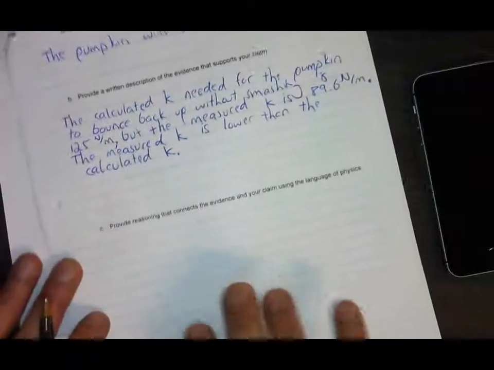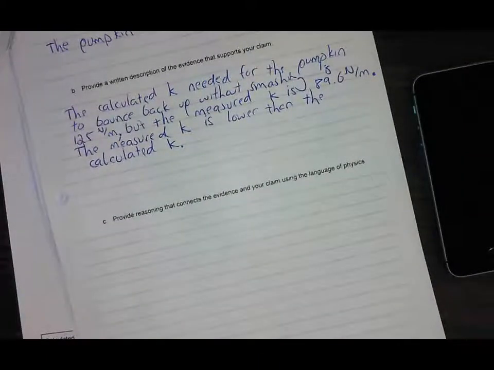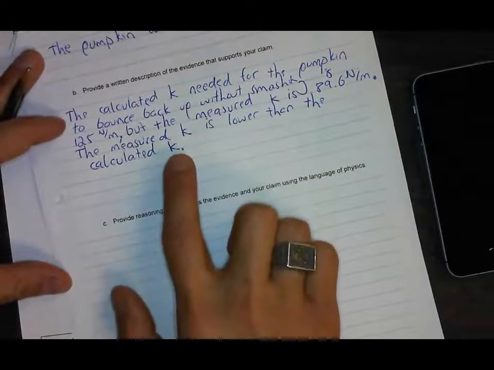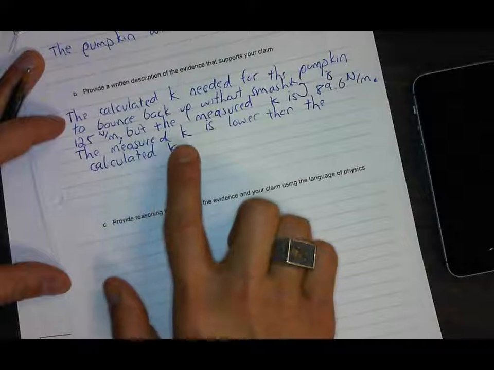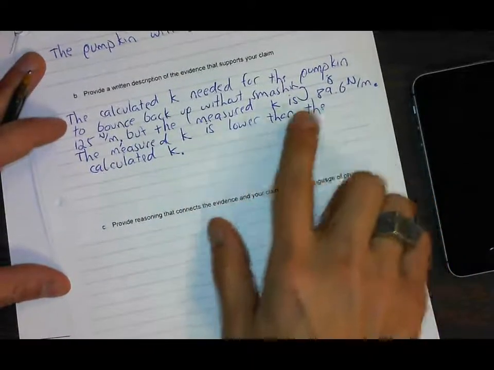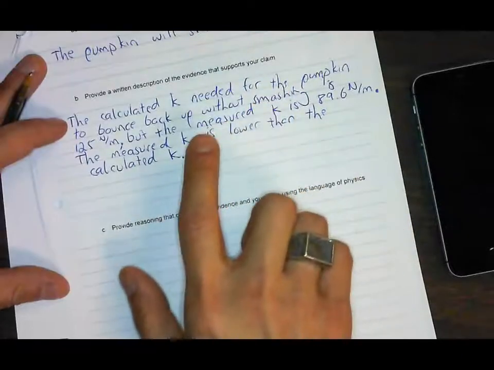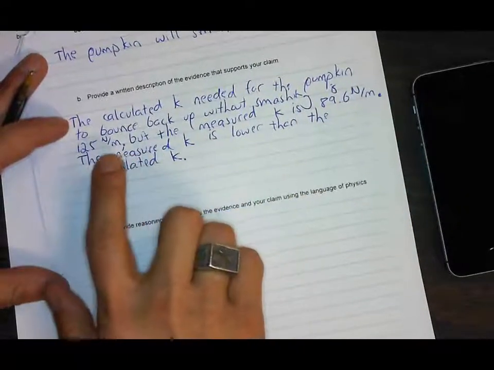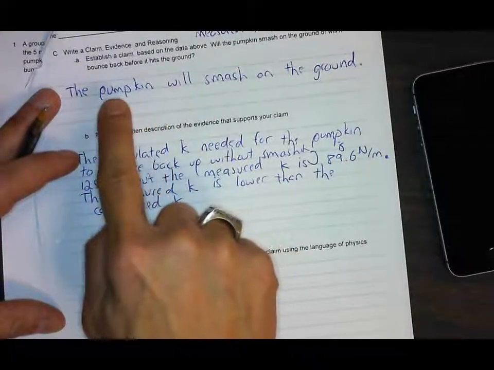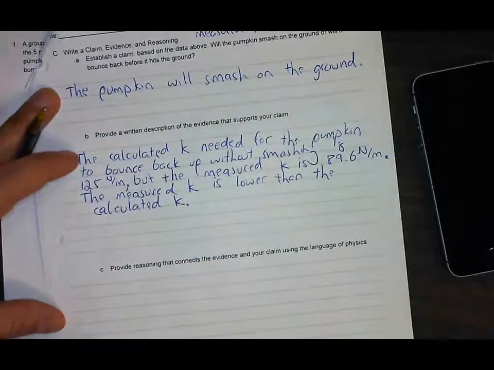Okay. Now I'm jumping into the reasoning part. So here I'm going to explain how the measured K, 89.6, being lower than the 125 I needed here leads me to the conclusion, or the claim, that the pumpkin will smash onto the ground. Okay?